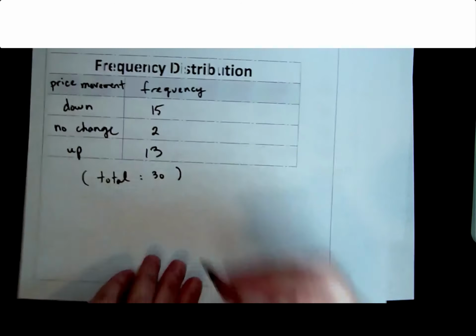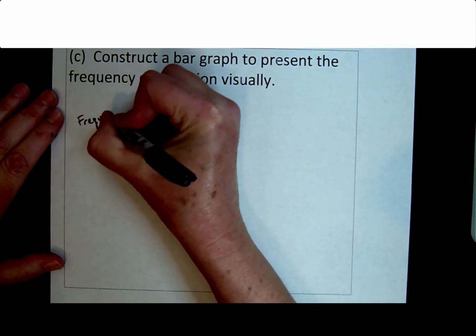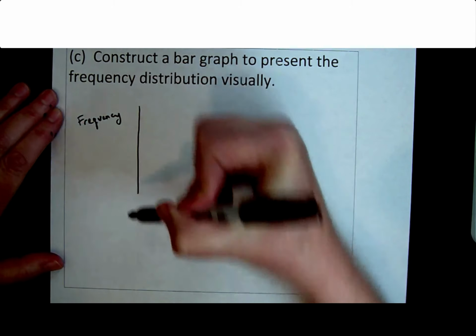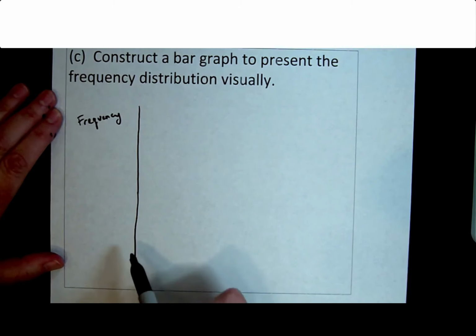Now, for a bar chart to present that frequency distribution visually, okay, I'm going to have a vertical axis for the frequency. Let's see, and the frequencies were anything up to 15.